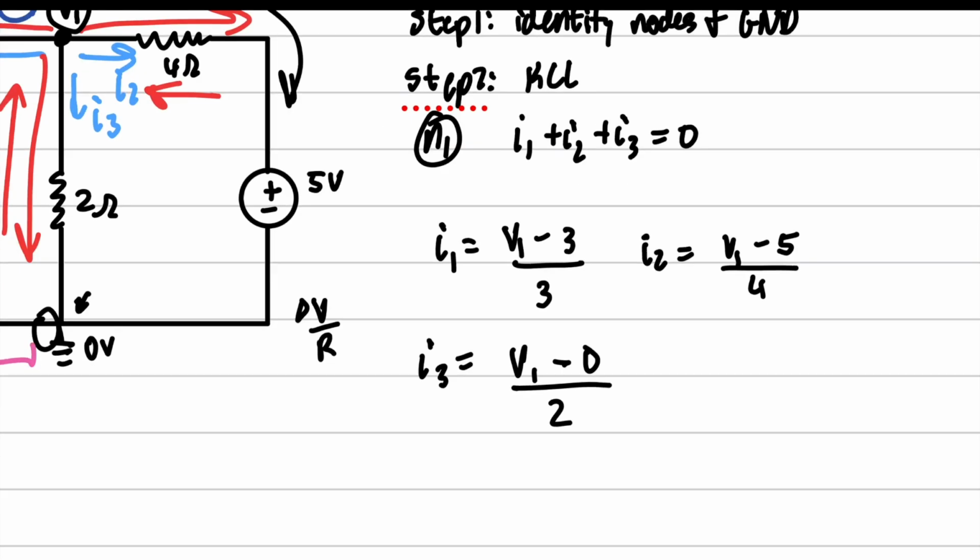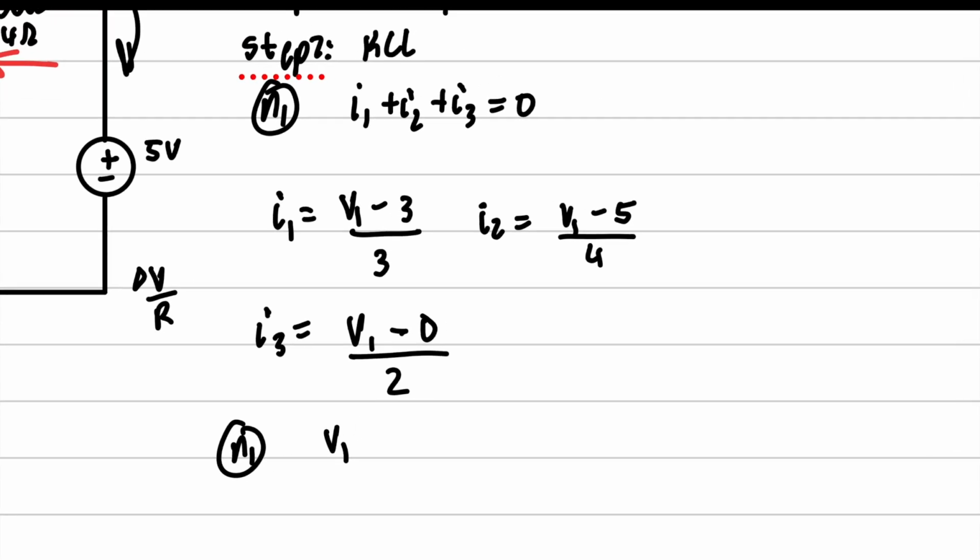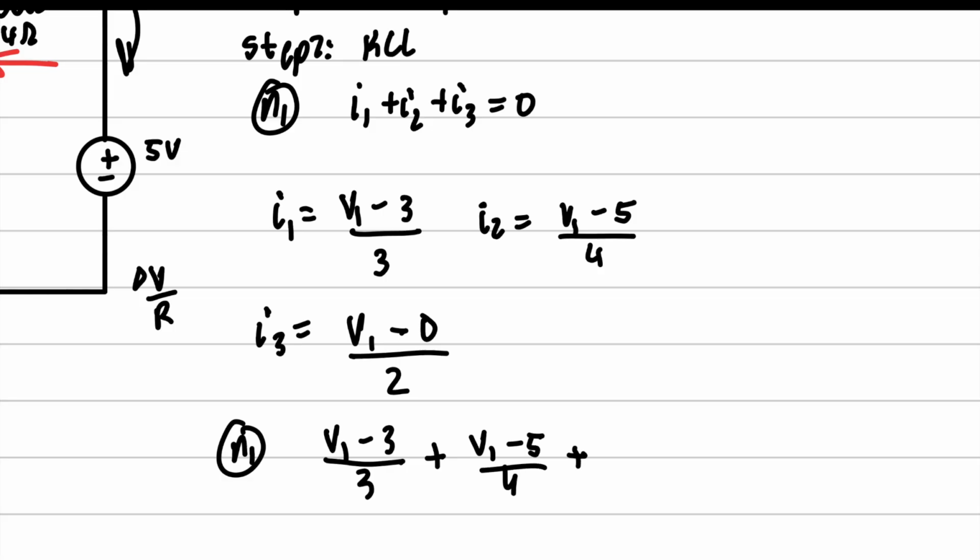Now let's assemble our equation. We get the KCL equation at this point is equal to V1 minus 3 over 3 plus V1 minus 5 over 4 plus V1 over 2 equals 0.